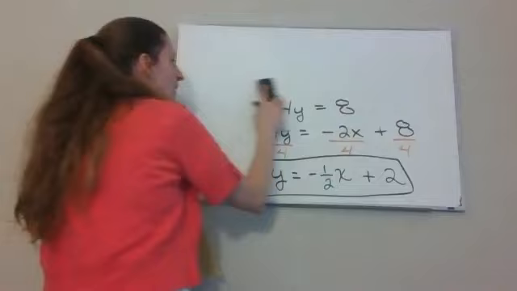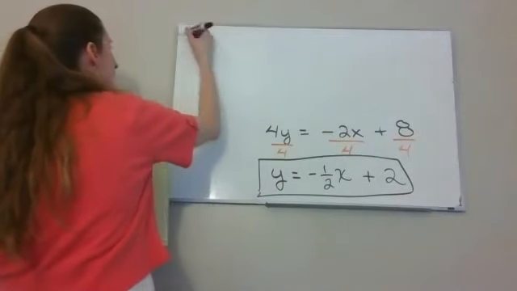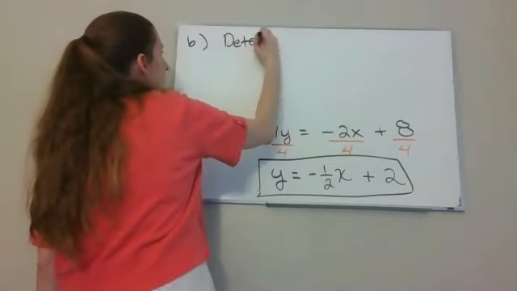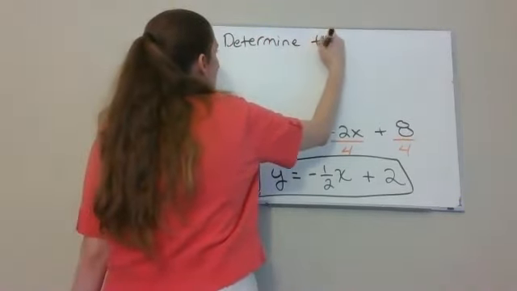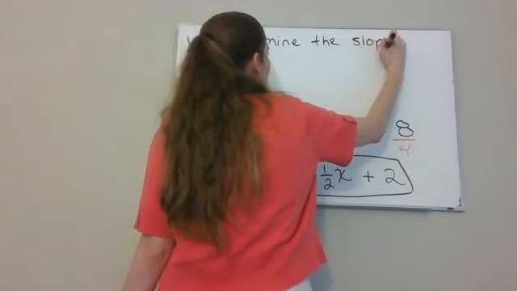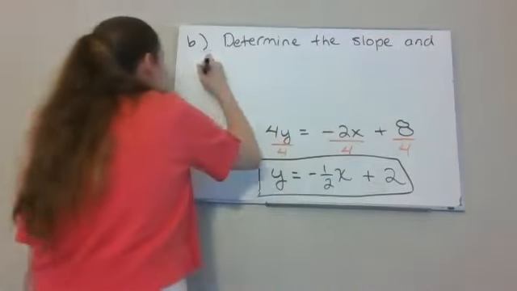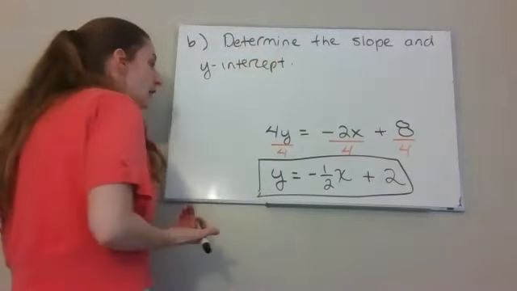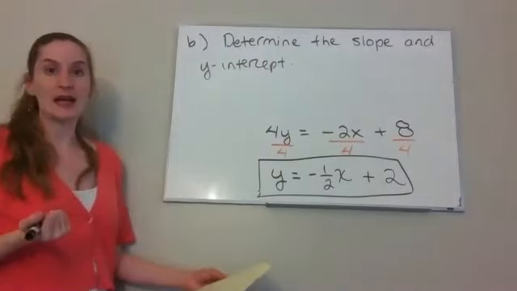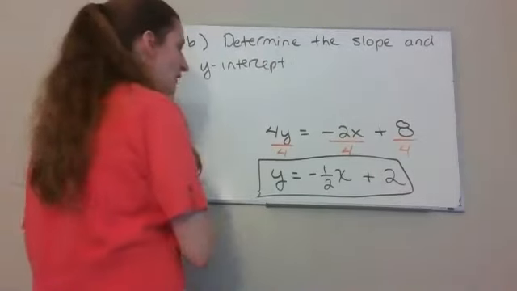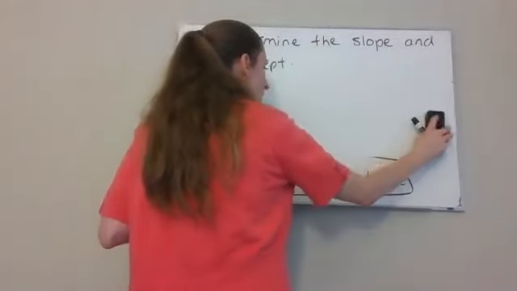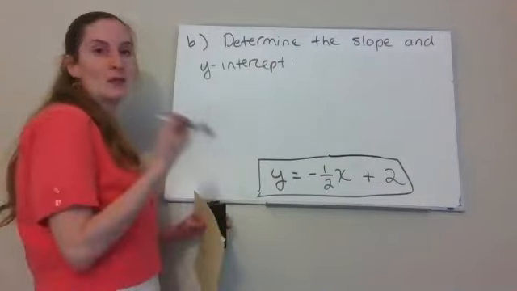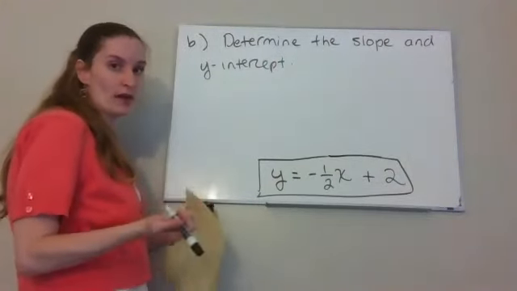So now for part B, we are just going to determine the slope and y-intercept. So we can figure out the slope and the y-intercept without doing any work at all because we already have our equation in slope-intercept form. y equals mx plus b, and m is the slope, b is the y-coordinate of our y-intercept.